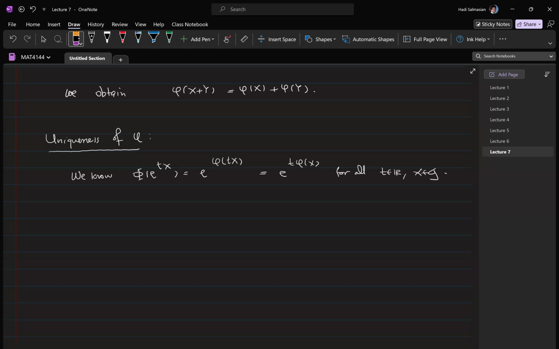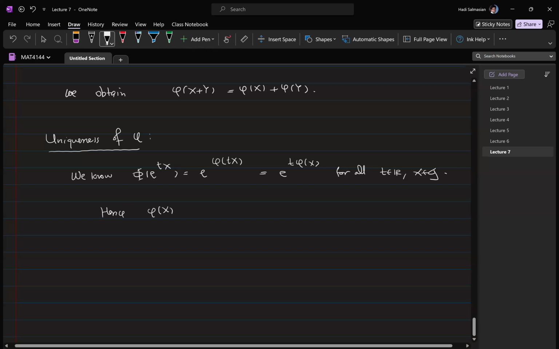So phi x is just d/dt of phi of e to the tx at t equal to 0, right?